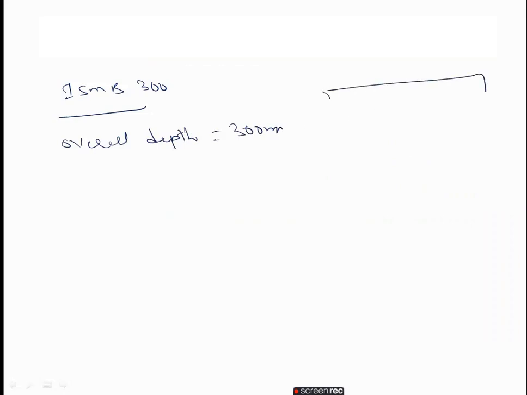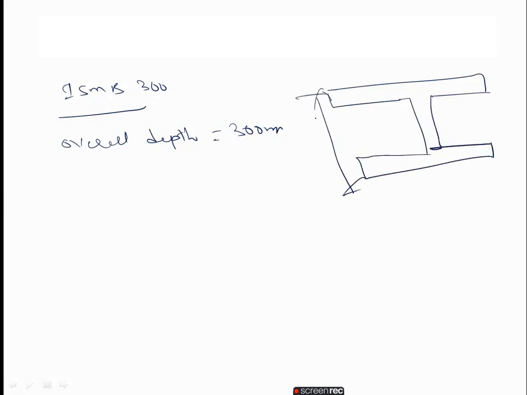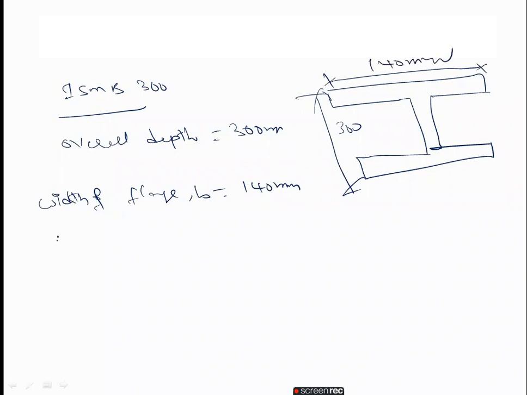Suppose I draw the section: the H is 300, the width of the flange B equals 140 mm, and the thickness of the flange TF equals 12.4 mm. This is 12.4 and this one is also 12.4.